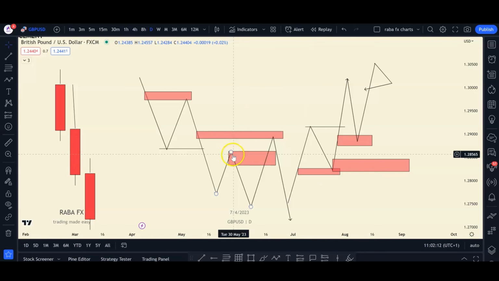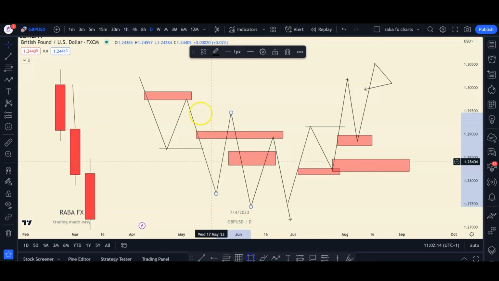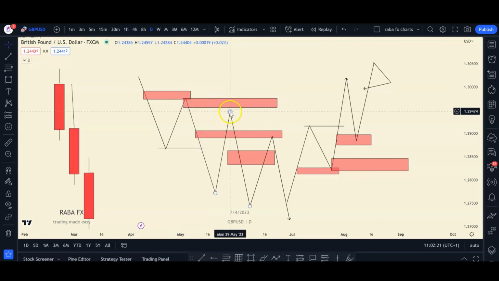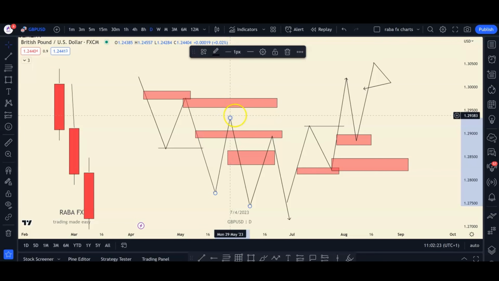Also, if price fails to mitigate the open, the origin in here, the high that is being produced, or the low, for example in this case, is simply an inducement.